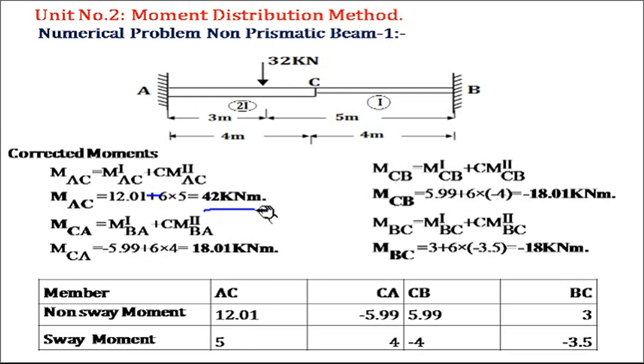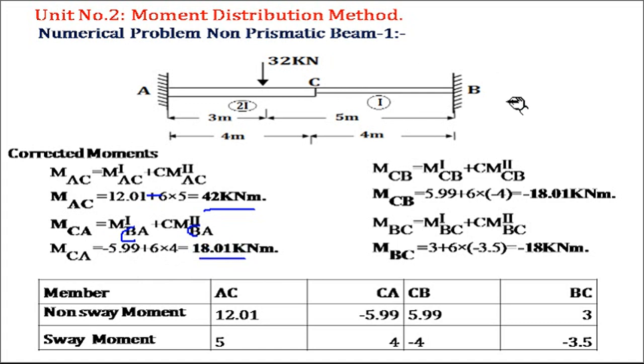So the corrected moment in member AC will be 42. Now moment in member CA: moment due to non-sway analysis is minus 5.99, and moment due to the sway analysis is 4. So minus 5.99 plus 6 into 4, that value is 18.01.